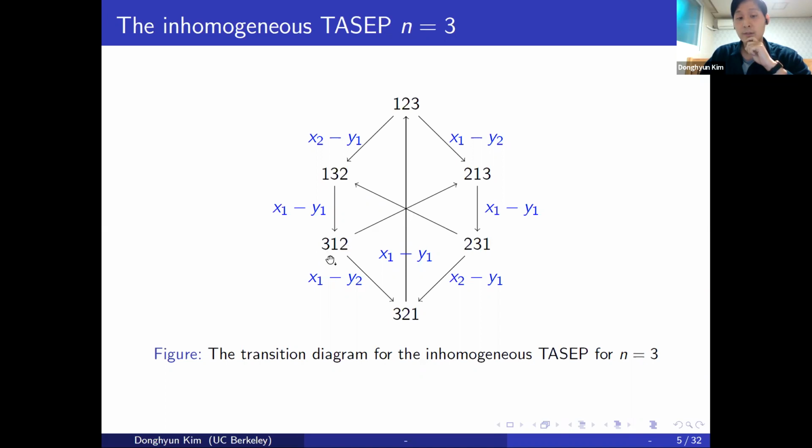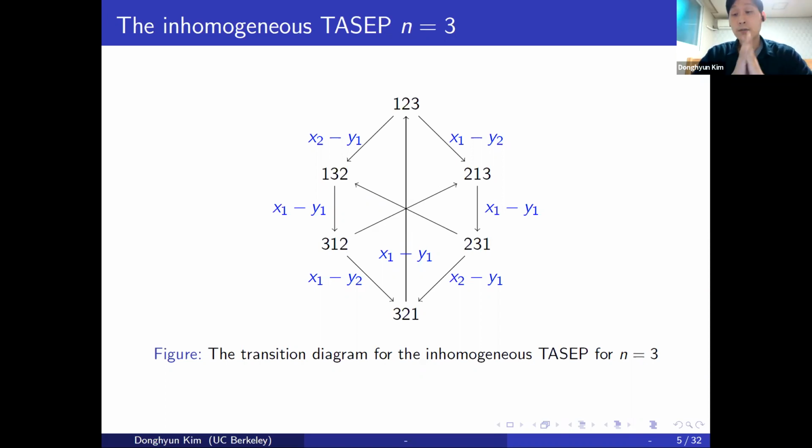These two particles can swap their positions with the rate x_2 minus y_1, becoming the state 2, 1, 3. I did not write the transition rate x_2 minus y_1 here. So this is the error.